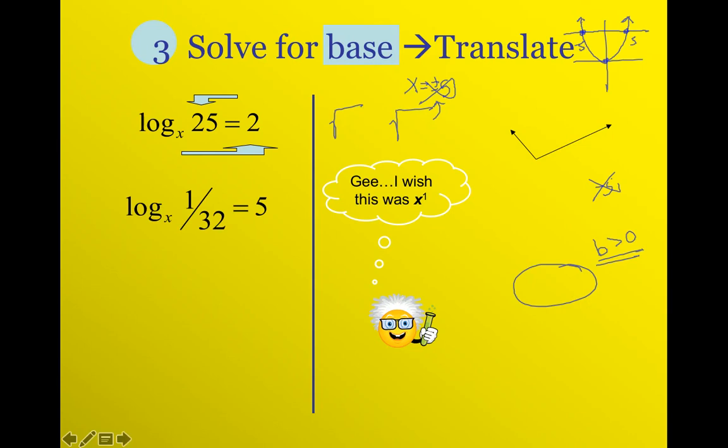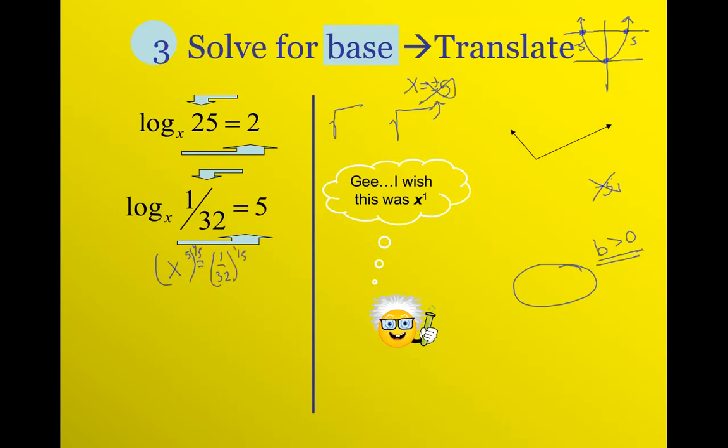What about this one? X to the power of 5 is 1/32, because I could read this as the exponent that turns x into 1/32 is 5. So, just write it right here. X to the 5th power is 1/32. Well, I'm going to raise both sides to the 1/5 power, or take the 5th root.